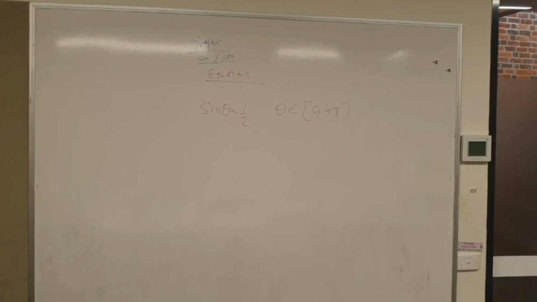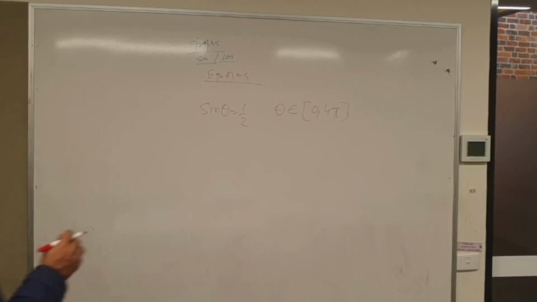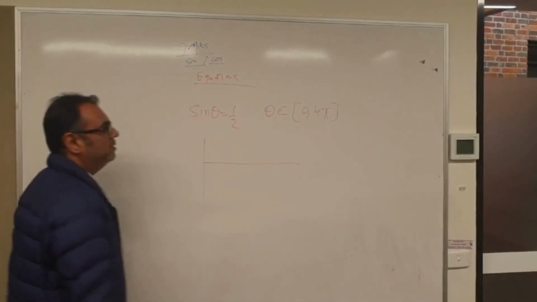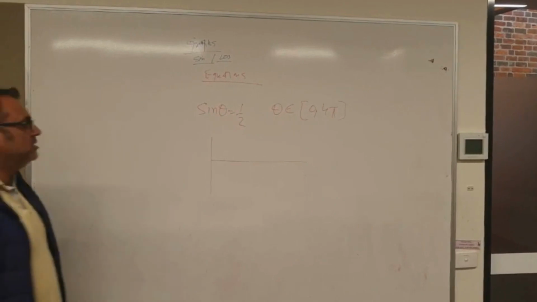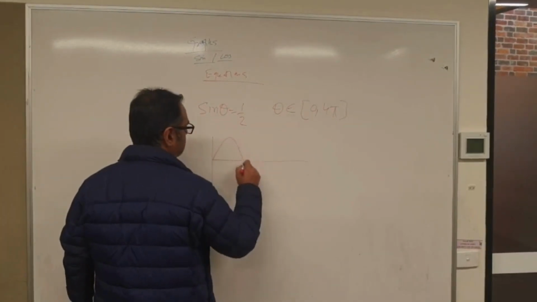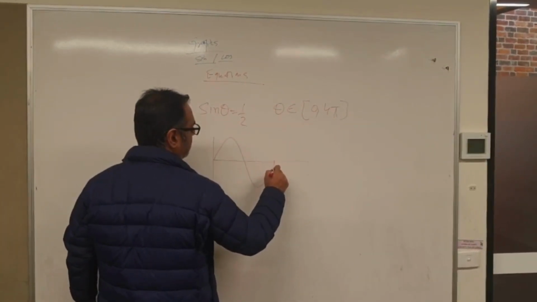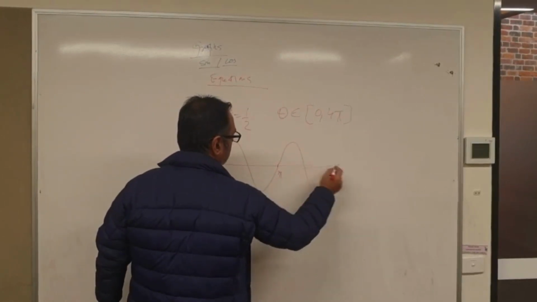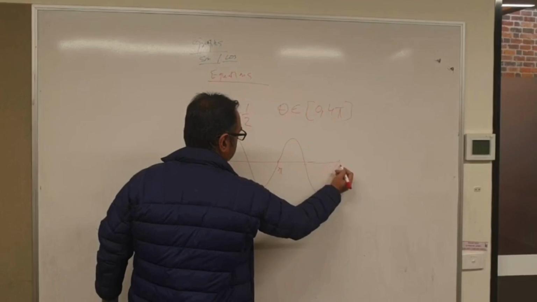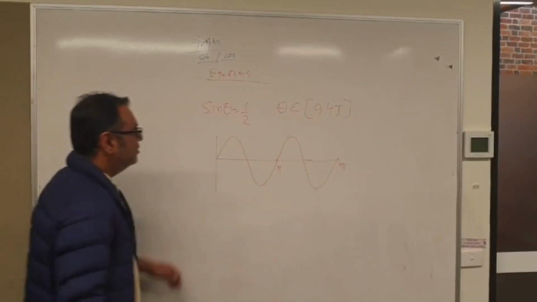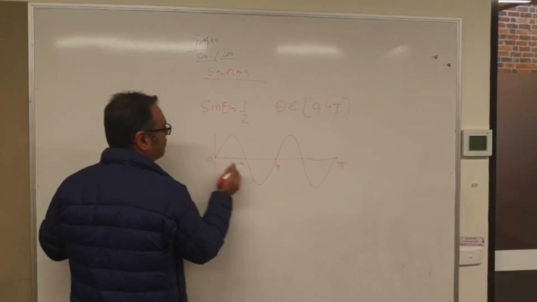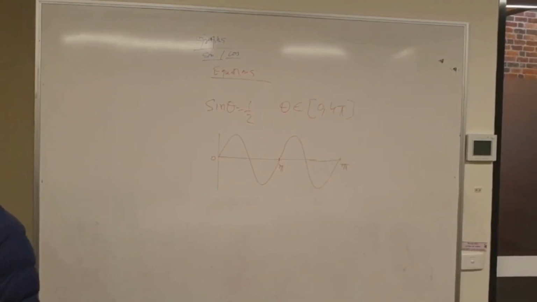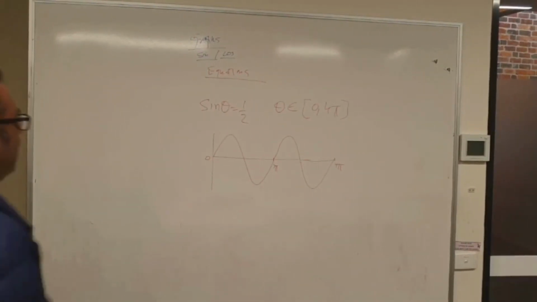Let's draw the sine theta. 2 pi. Four pi. So that's my domain, 0 to 4 pi. Correct? Now the amplitude is 1.